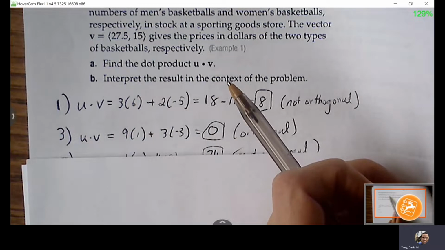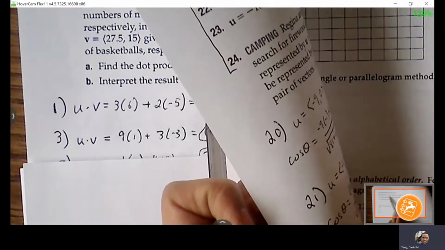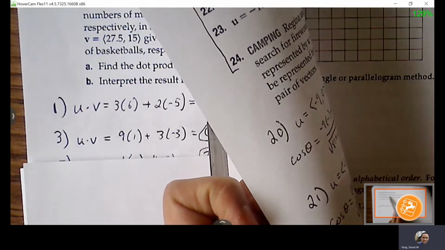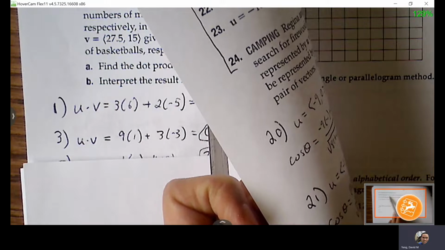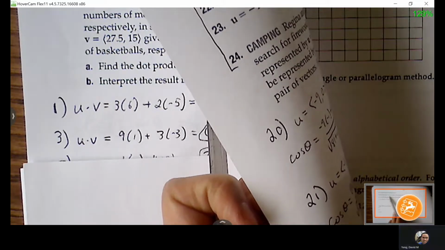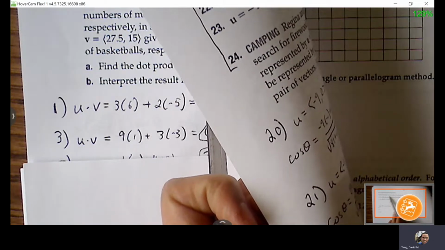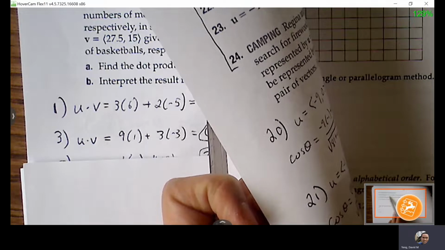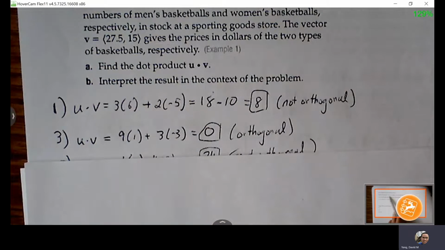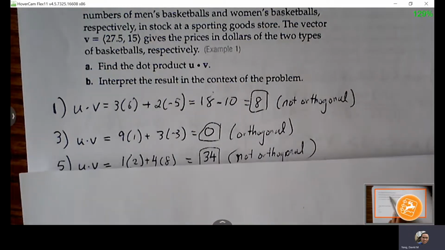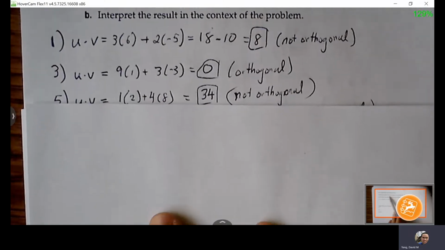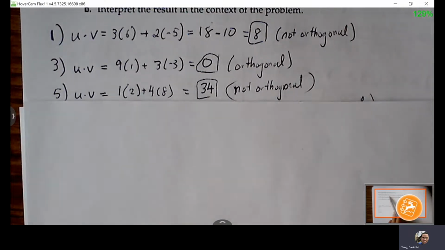Okay, if you want to move ahead, on the next page we're going to do 20 through 24. This is practicing that angle formula: cosine theta equals the dot product of u and v divided by the magnitude of u times the magnitude of v. So 20 through 24 on the next page if you're working ahead. Here's number 5. Okay, 20 through 24 on page 18.